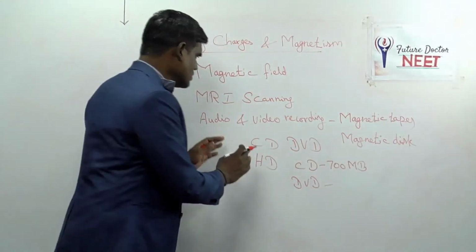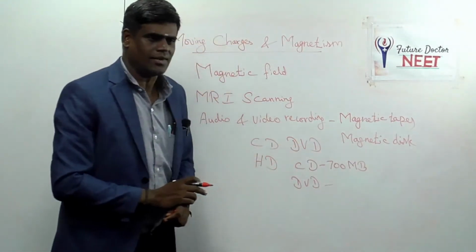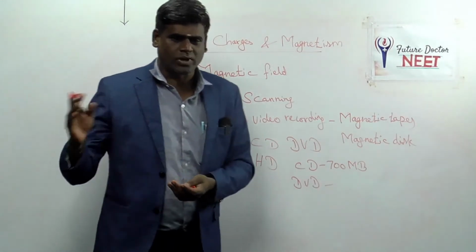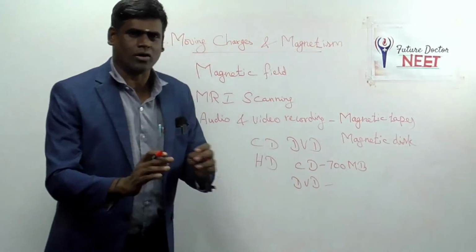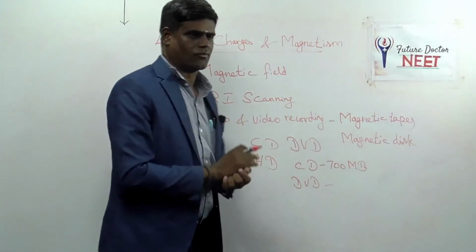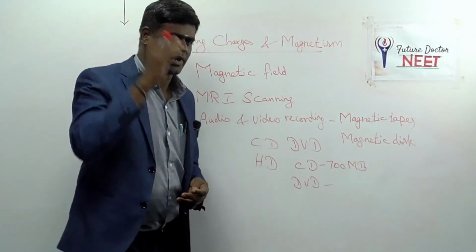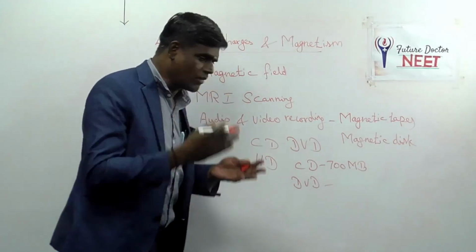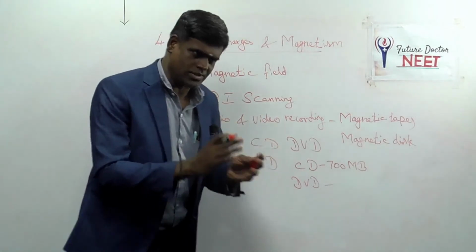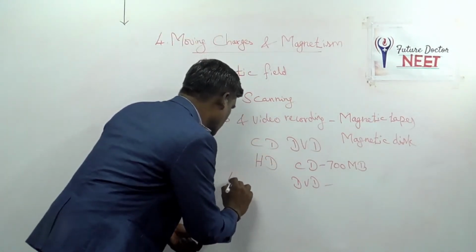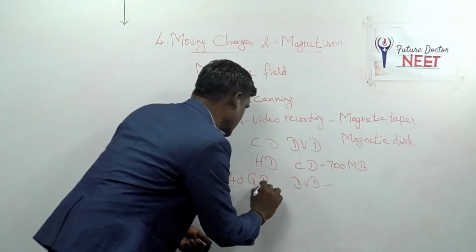So, CD, DVD, HD. What is HD? Hard disk. Computers store data in hard disk drives. In olden days the capacity might be 40 GB. For my research I used one system with a capacity of 40 GB, very low.